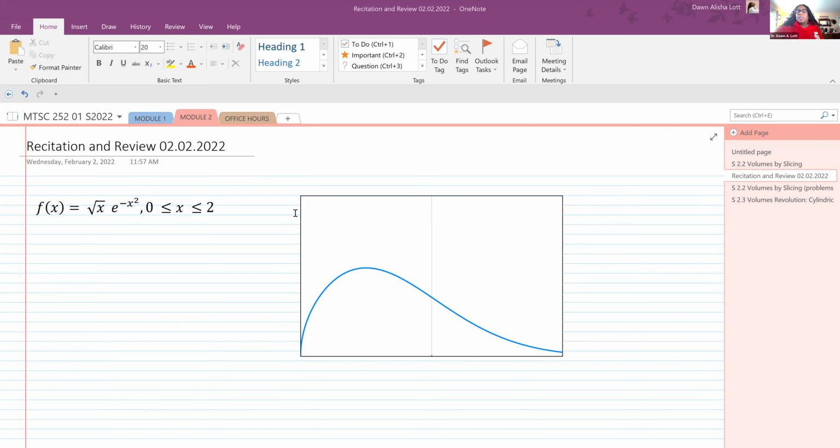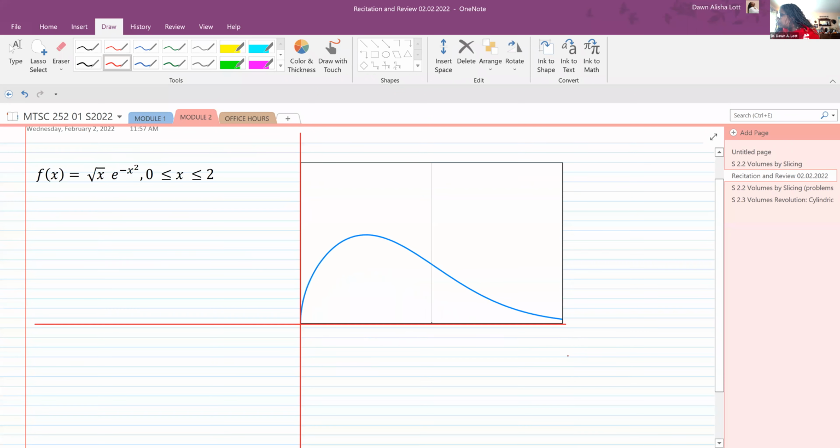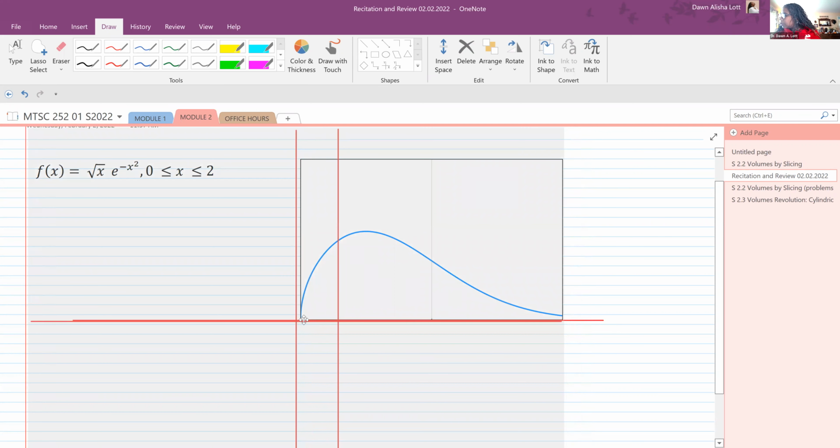So if I draw an axis, uh-oh, that ain't what I want to do. I want this to move back.